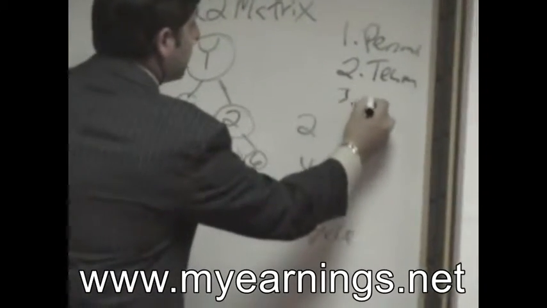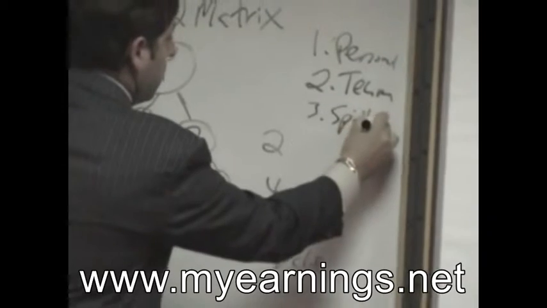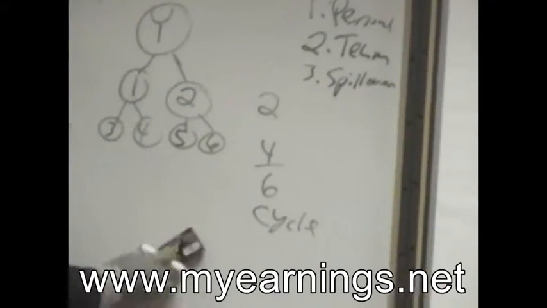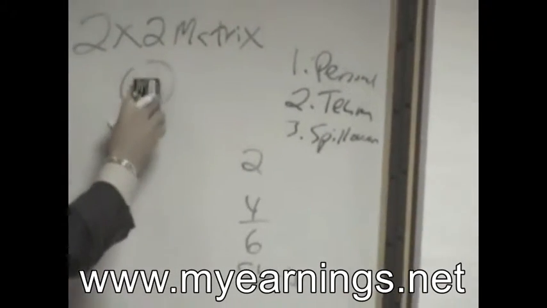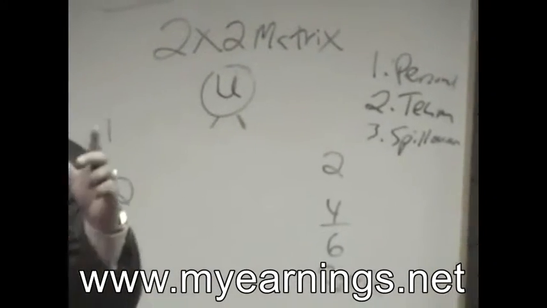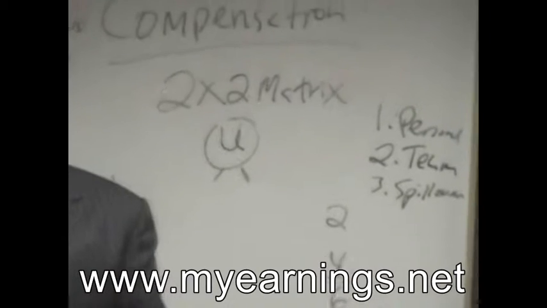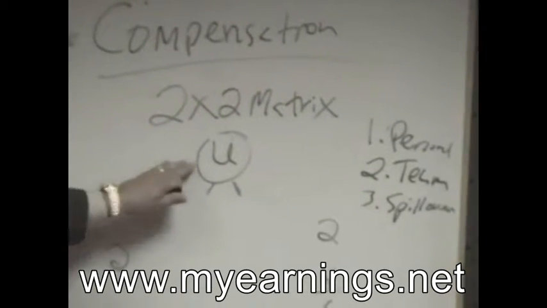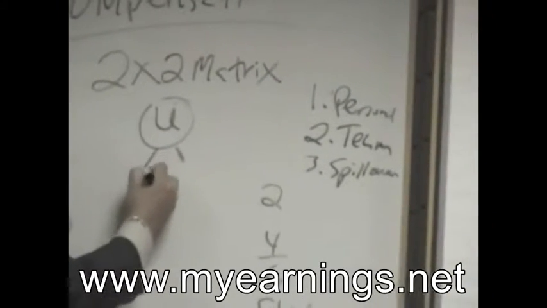Number 3 is what we call spillover. Spillover is this. We're going to say this was you for your upline sponsor. You represent your upline sponsor right there. Now, let's just say your upline sponsor sponsors Y there, which is you.